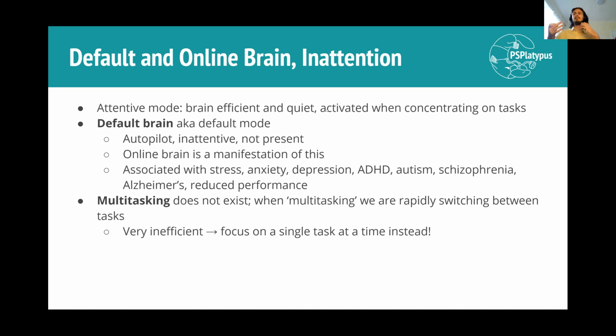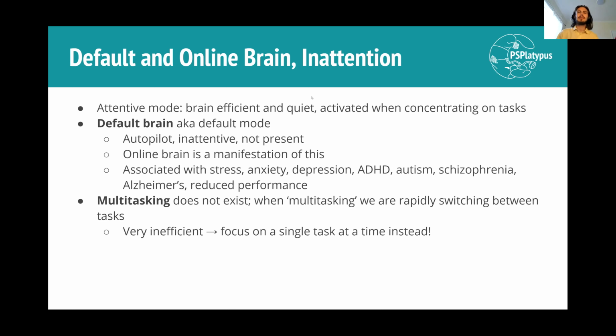But in terms of your long-term well-being, if you're constantly inattentive and distracted and not present, that can have pretty adverse effects on your well-being. As you can see, default brain is associated with things like stress, anxiety, depression, ADHD, autism, schizophrenia, Alzheimer's, and generally reduced performance, which may be relevant to some of you who are attending PSPs.